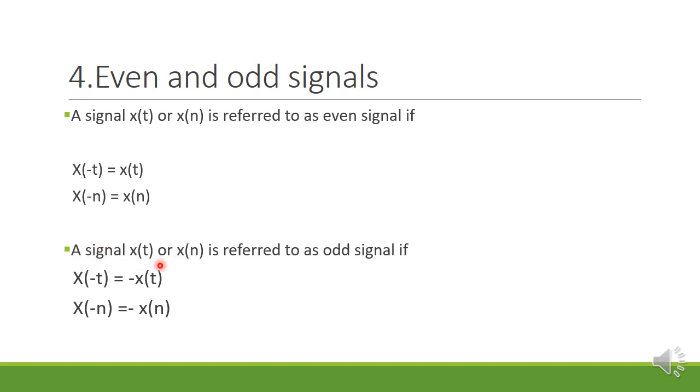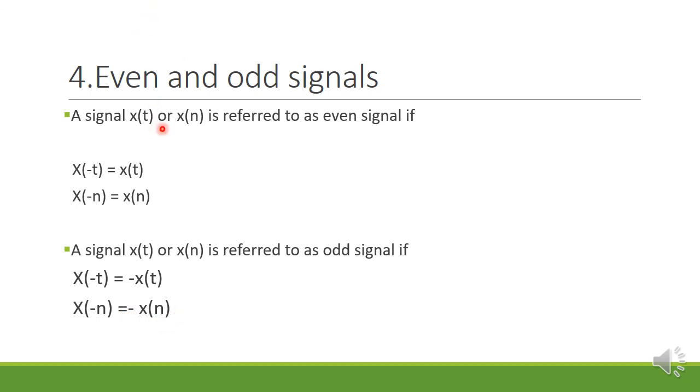A signal x of t or x of n is referred to as an odd signal if x of minus t is equal to minus x of t, or x of minus n is equal to minus x of n. x of minus t equal to minus x of t is a continuous odd signal, and x of minus n equal to minus x of n is a discrete odd signal.